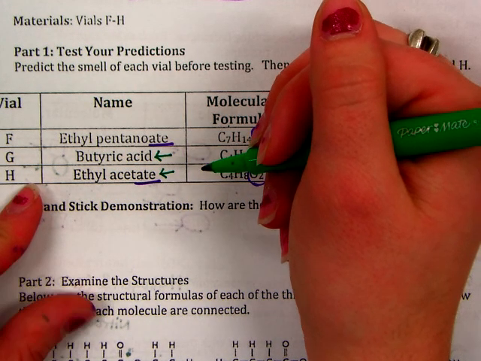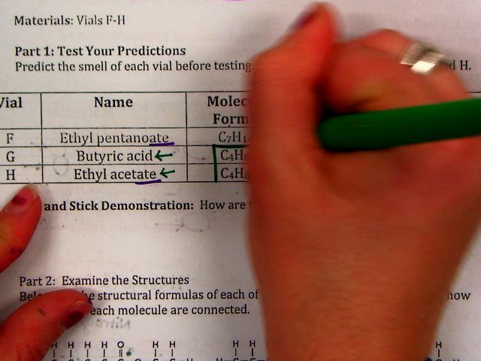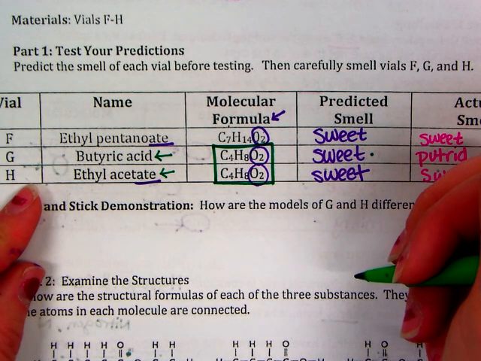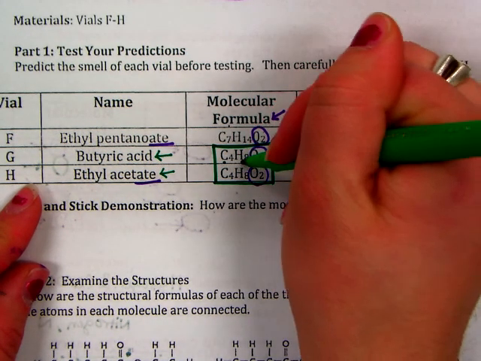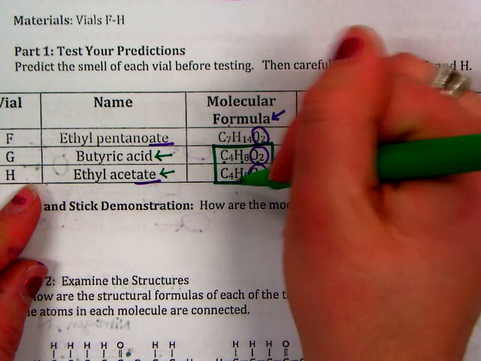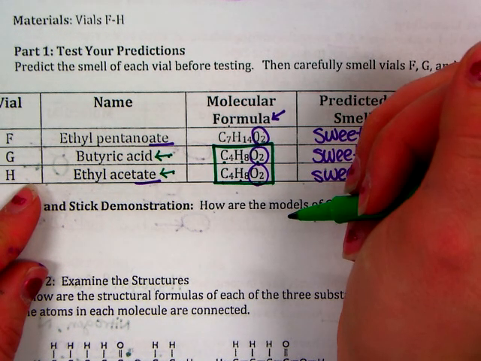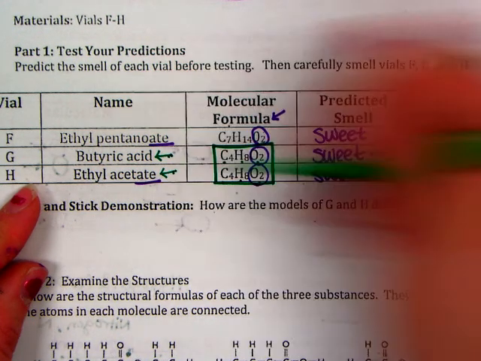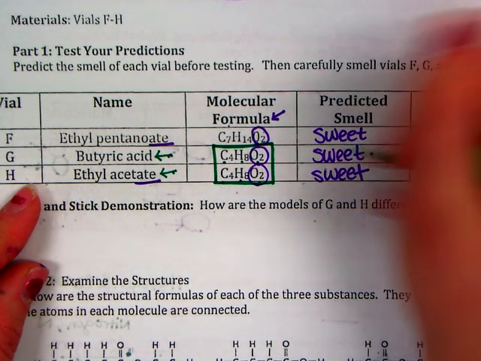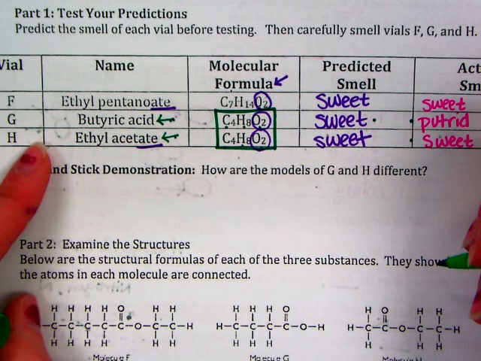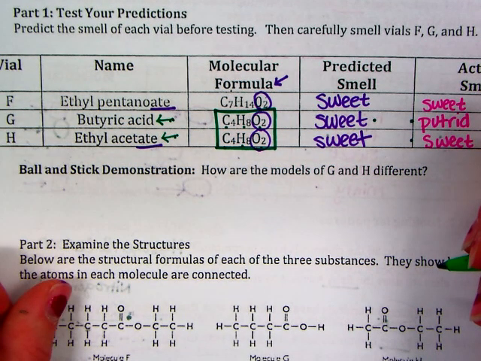But looking at their formulas, they are actually the same. They are both C4H8O2. But why is it they have different names? And by having different names, even though they're the same chemical, how did that affect the smell? The smells ended up being different.